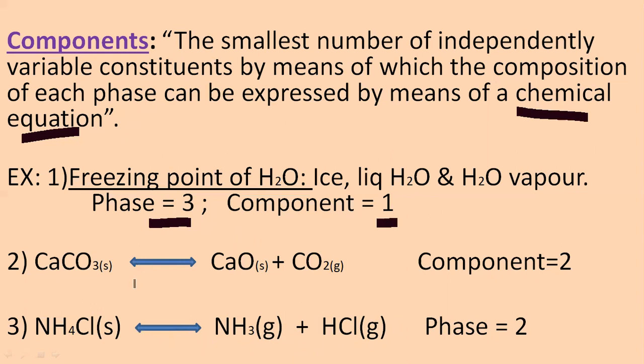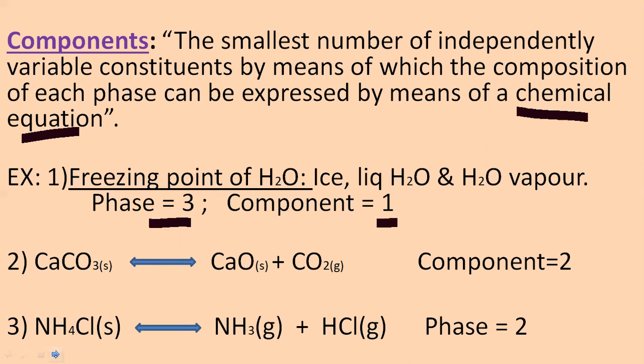In simple words, you can remember that a phase can be easily distinguished by seeing the layers, whereas component deals with the chemical composition. Based on the chemical composition, we can say how many components are present in the given solution. I hope both the terms are clear.